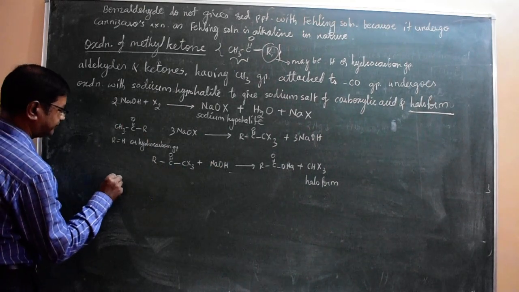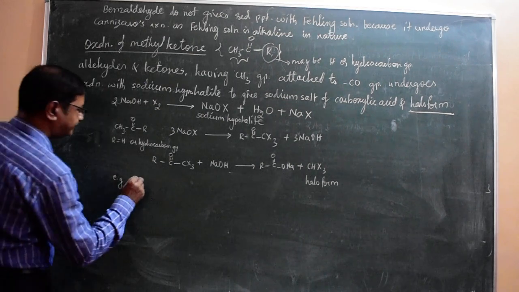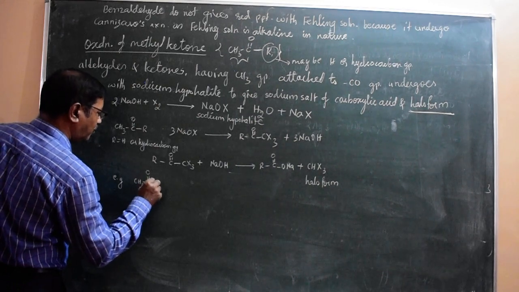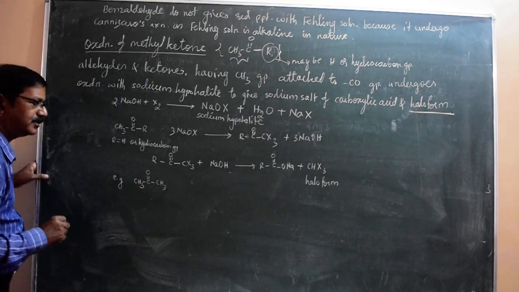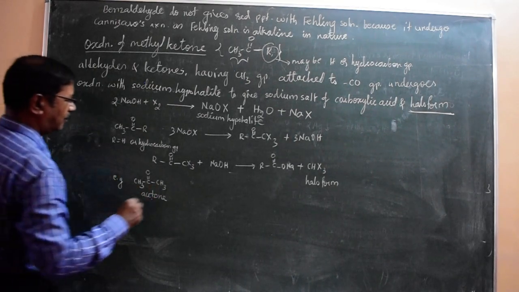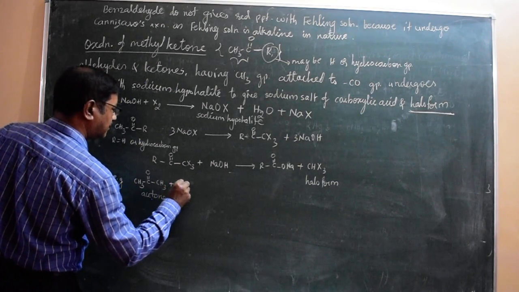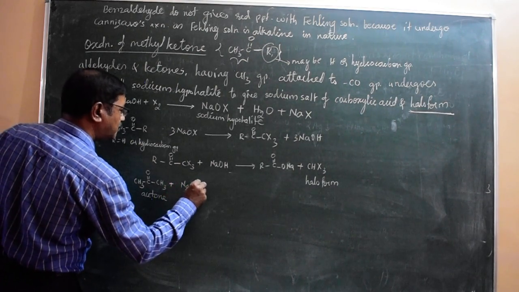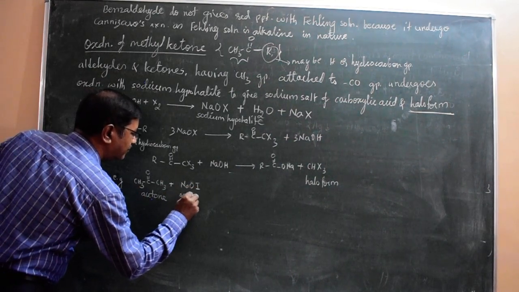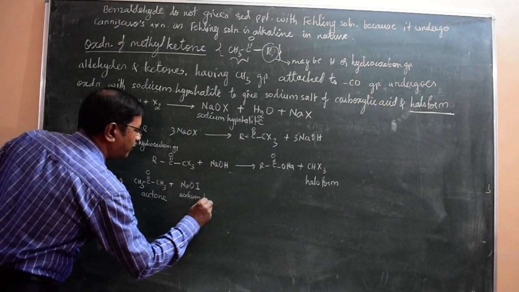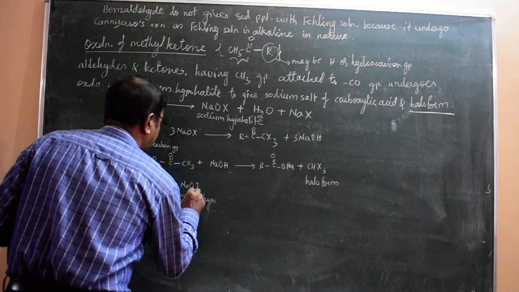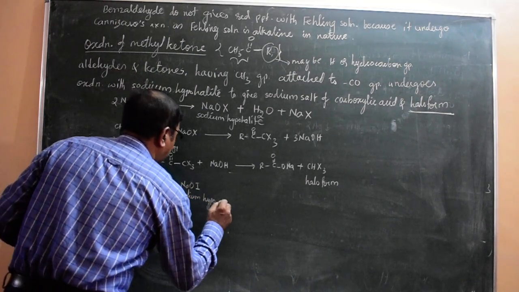For example, CH3 C double bond O CH3. We know this is called acetone or propanone, plus NaOI, sodium hypoiodide.